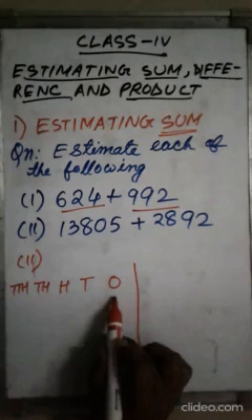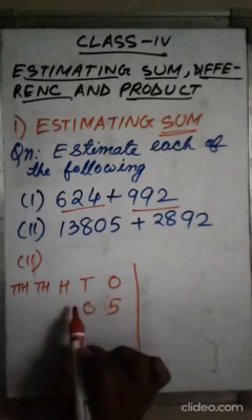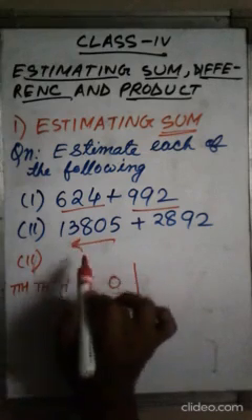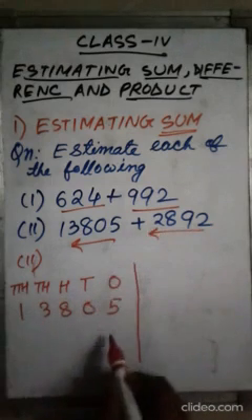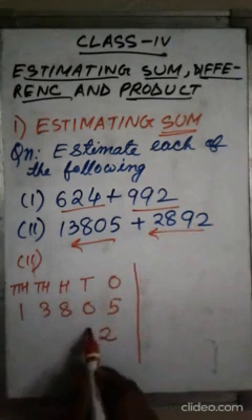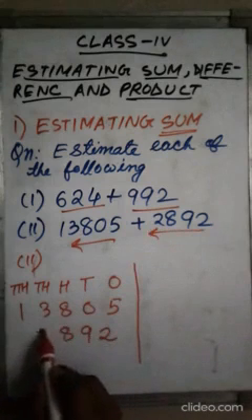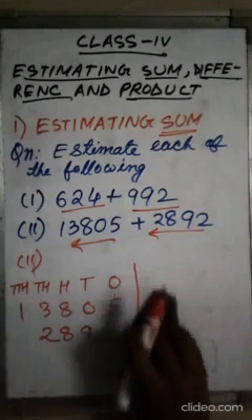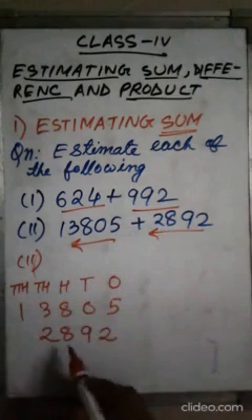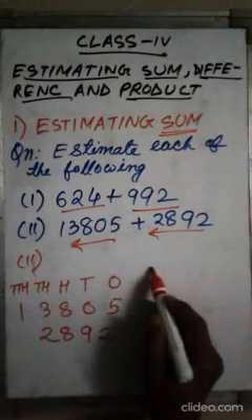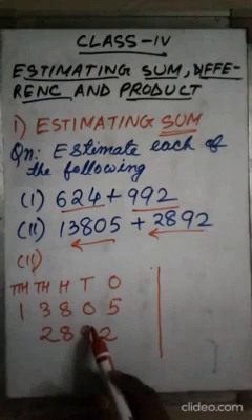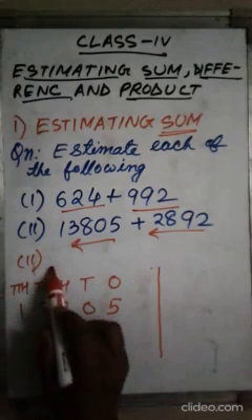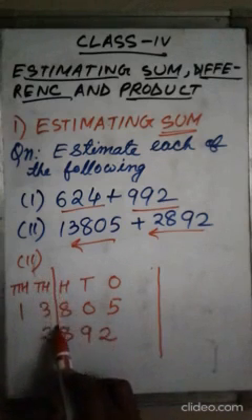Putting the digits in their respective places: 1, 3, 8, 0, 5 and 2, 8, 9, 2. You can see that these two numbers are more than 1000. So we shall be considering up to the thousands place.